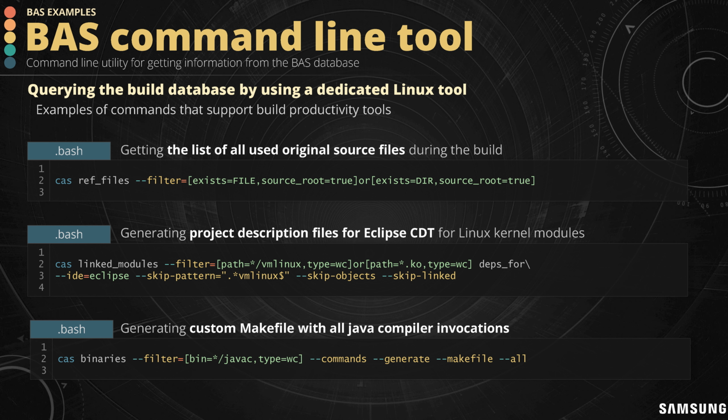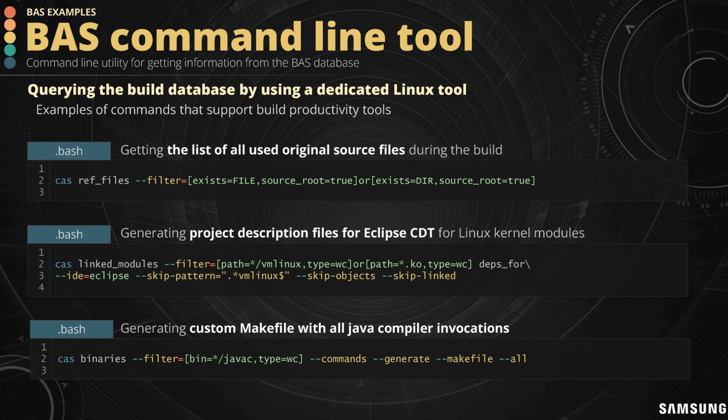Using the BAS command line is quite a simple concept. We run the client with commands dependent on what we want to get in return, like linked modules, referenced files, dependencies, or compilation info. Then we add some additional arguments like filtering, sorting, or limiters, and we get the results.